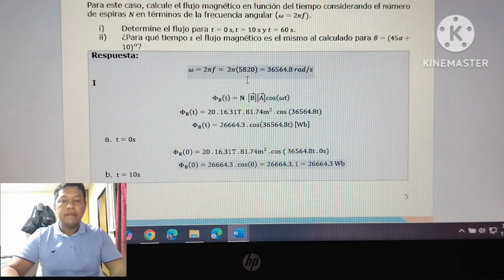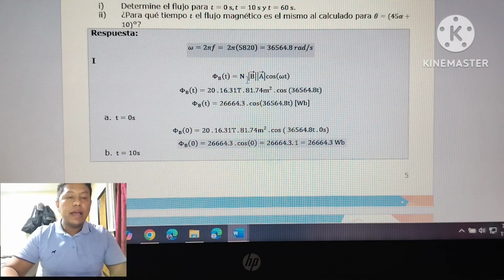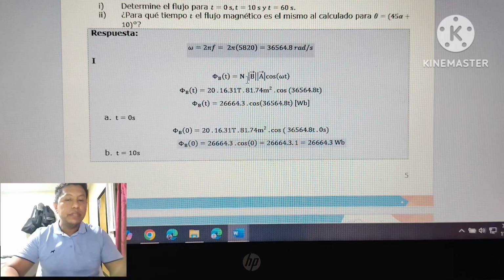In this case, the frequency is 5,820 Hz, with a resulting angular frequency of 36,564.8 radians per second.